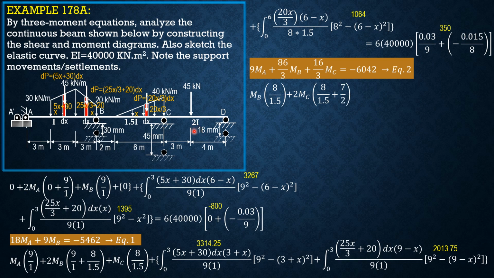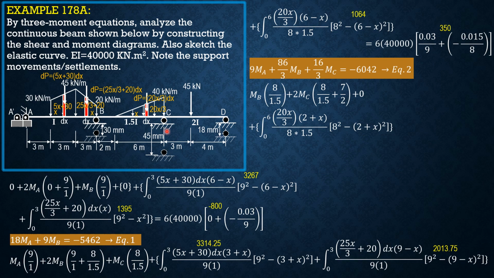The moment of inertia is 2I plus 0. The value of 6 area 1A over I1L1 is integral of 20x over 3 from 0 to 6 dx times quantity 2 plus x over 8 times 1.5, quantity 8 square minus 2 plus x square.